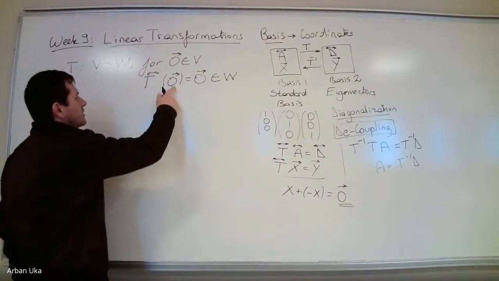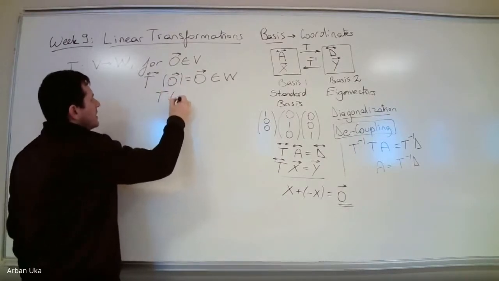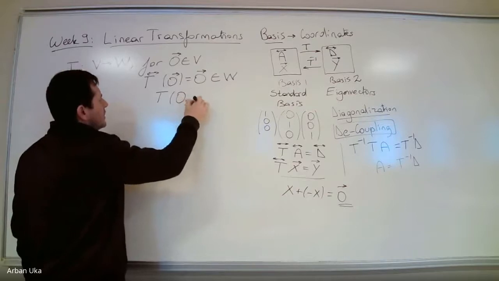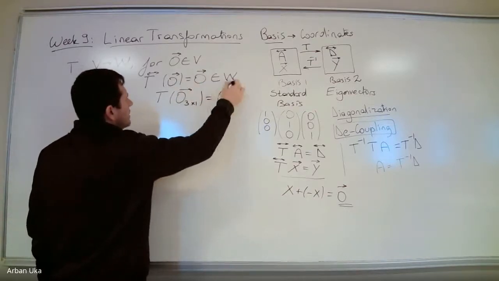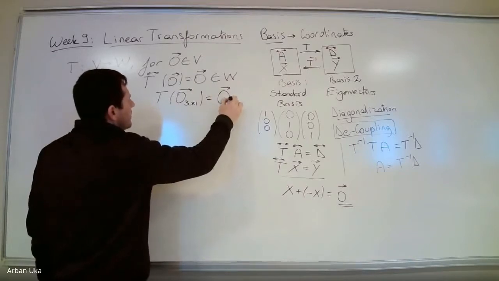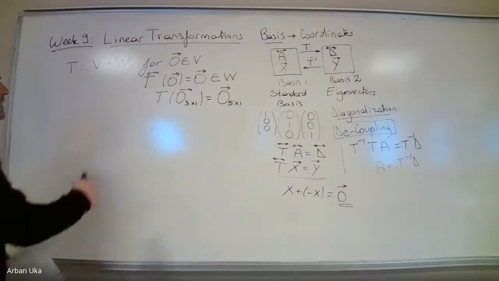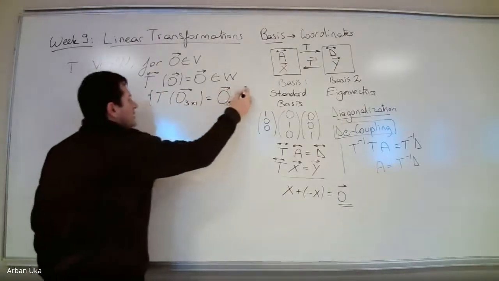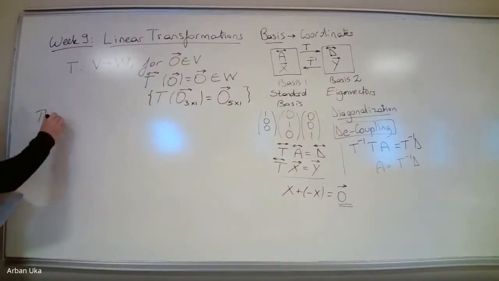So I can even simply say that this 0 can be 3 by 1, this is just an example, and this 0 here would be 5 by 1, depending on what the linear transformation is doing. These are just little hints or reminders for you to think about where we are going.